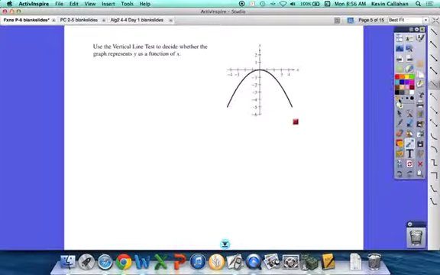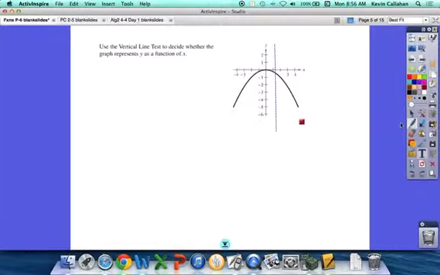Make sure it's a thin line. There's our line. So we're going to say that passes vertical line test. Therefore, function.